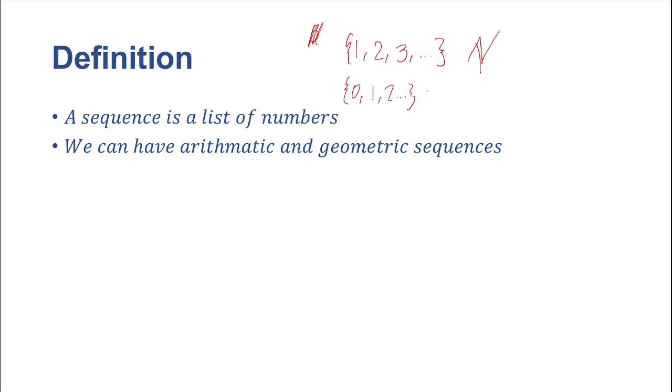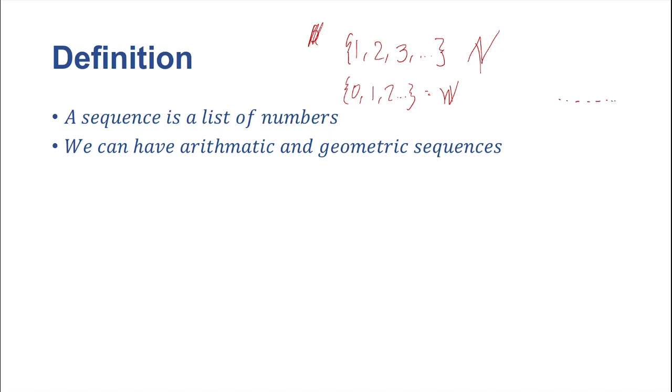That is all of the whole numbers. But these are pretty elementary. These are just sets of numbers. We can also have sequences that are just finite lists of numbers, which is what you deal with in pre-calculus. But now we're going to start dealing with sequences when we keep going out to infinity.